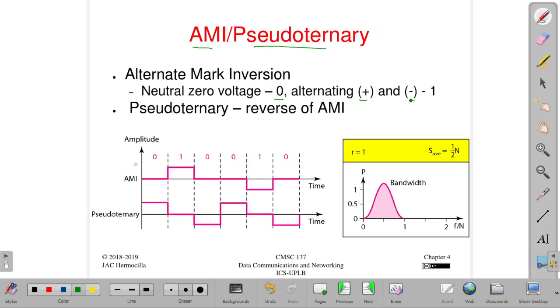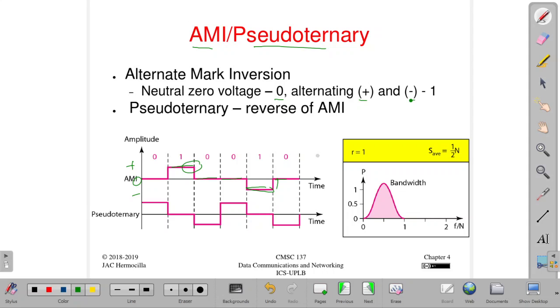So 0, we have voltage 0. 1, so assuming this is the first, we start with positive, then 0 also. Now we have a 1 here. We have to check the previous signal level used for 1, which is positive. Therefore, for this one here, we're going to use negative, and then we go back to 0 level.